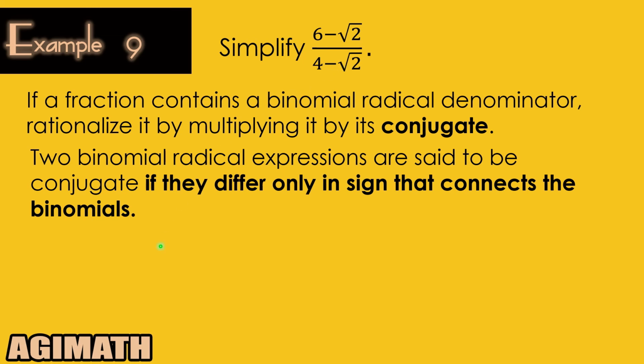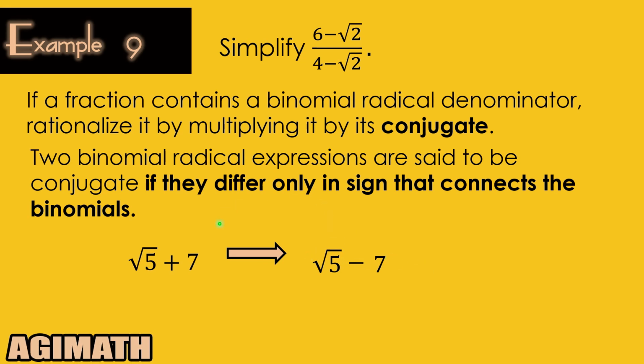So for example, square root of 5 plus square root of 7 is being connected by a plus sign. To find the conjugate, we just copy square root of 5 and square root of 7, and instead of plus, its opposite is minus. So this is the conjugate: square root of 5 plus square root of 7, its conjugate is square root of 5 minus square root of 7.